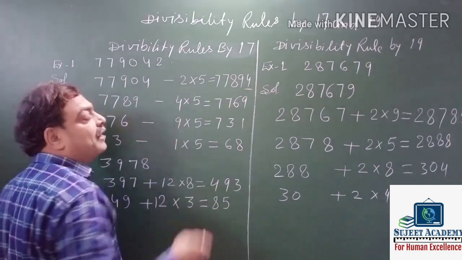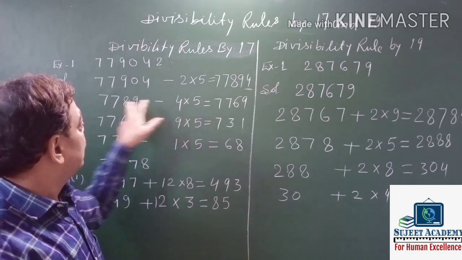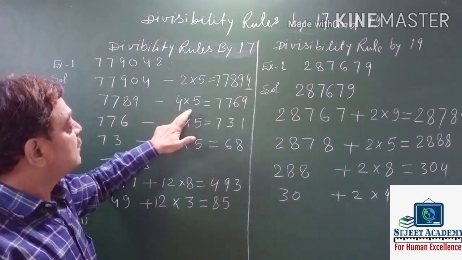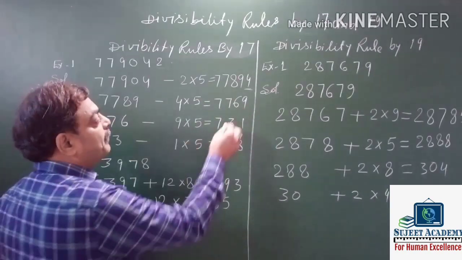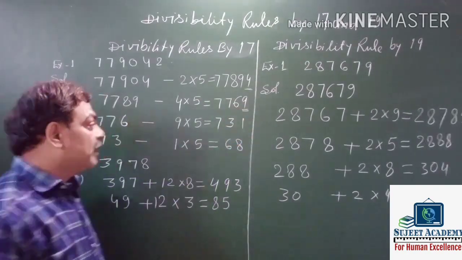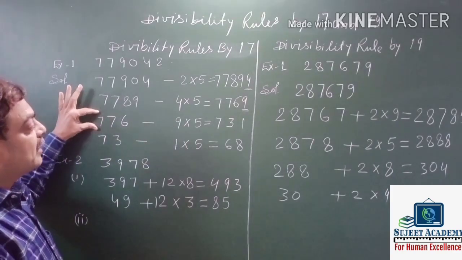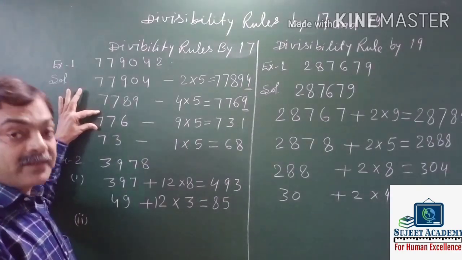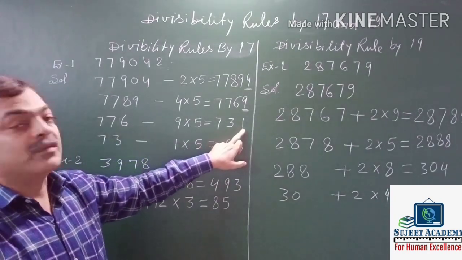7789 minus 4 times 5. This is 20, and 7789 minus 20 is 7769. In the next step, 9 is the unit place value multiplied by 5, and 776 is the remaining part of the number. You subtract it and find 731.